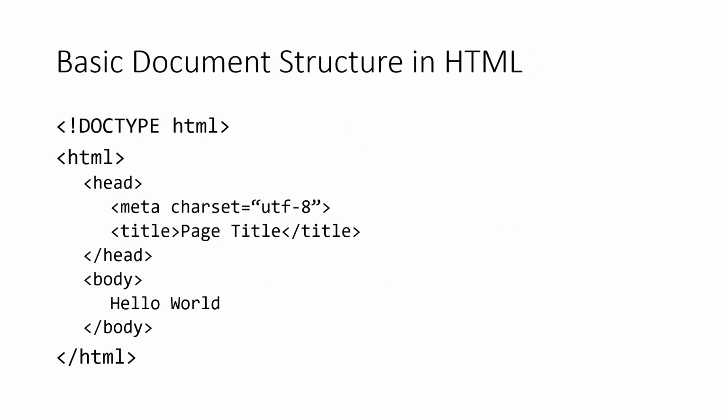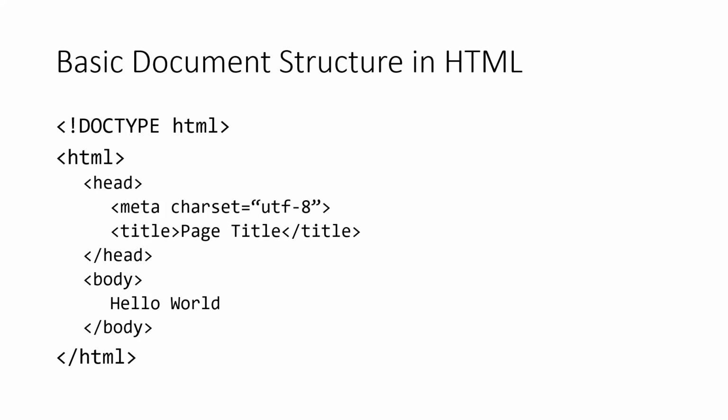There are two parts in the document, head and body. The head does not put anything into the browser display, but holds the header information. For example, you may provide a title for the web page, and you can also define meta information such as the character set UTF, that means Unicode.